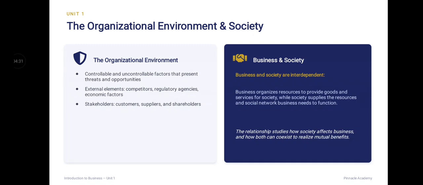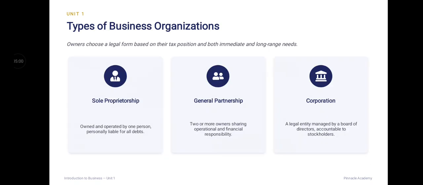In return, society provides the resources and the social network: the customers, the workers, the roads, the schools that train the future employees that allow the business to exist in the first place. Neither one can survive without the other. This is why we study how society affects business and how the two can work together so that both can benefit.